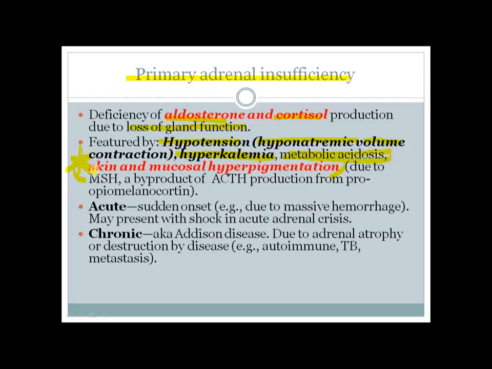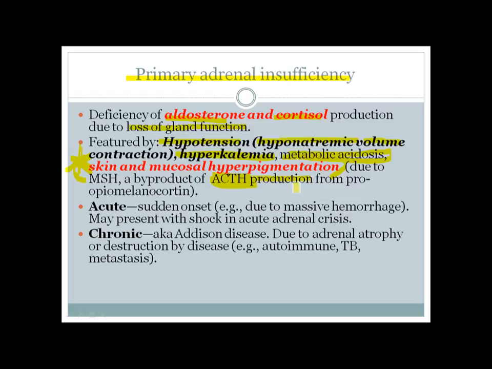So remember that if you have a decreased amount of cortisol, this will have an impact first on the hypothalamus and then on the anterior pituitary. So your body will try to increase the synthesis of CRH and also ACTH in response to a decreased cortisol. So there will be increased ACTH production.